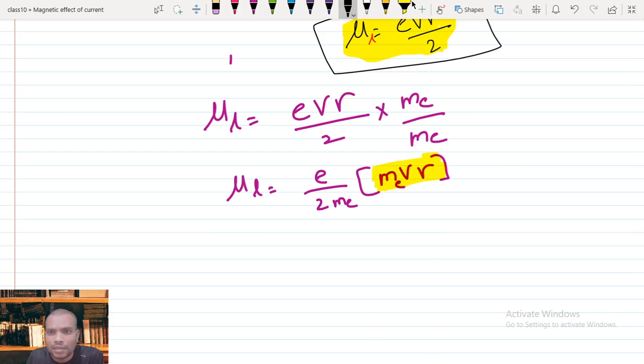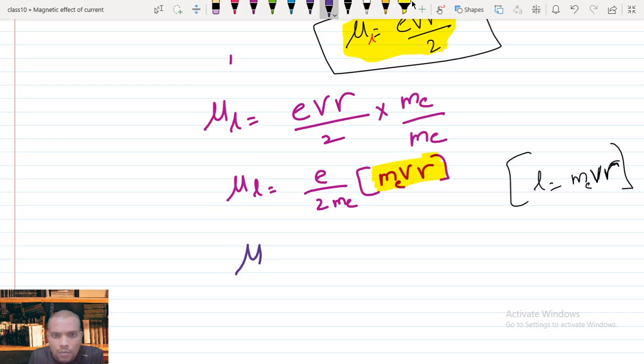So we can write that L equals mvr. Here m suffix e is the mass of the electron. Don't get confused with my notation of v and r.